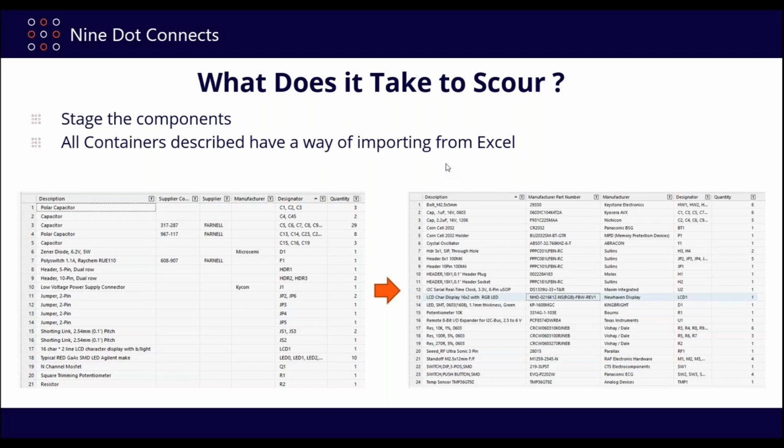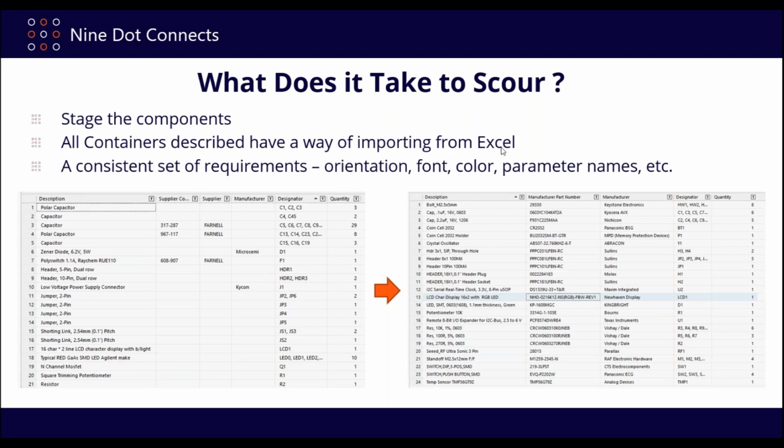And there are even ways to do it for integrated libraries through the parameter manager if you really wanted to. There is a way to get this information in from Excel into these systems, because they know that if you buy a container, whatever that container may be, you do have data that you want to feed it with initially, and they don't expect you to type it in piece by piece. That would be crazy. So they have mechanisms to do this, and that's what we take advantage of.